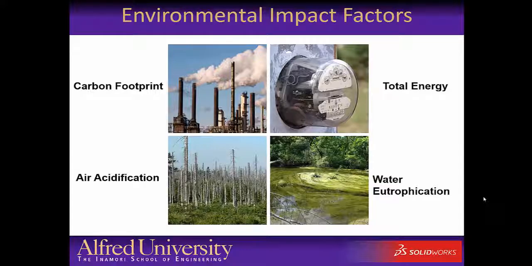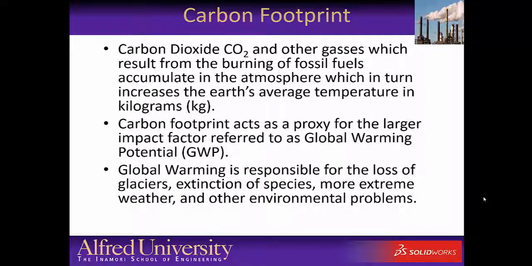These 4 environmental impact factors will now be summarized briefly. Carbon dioxide and other gases, which result from the burning of fossil fuels, accumulate in the atmosphere, which in turn increases the Earth's average temperature. The carbon footprint is a proxy for the larger impact factor referred to as the global warming potential.